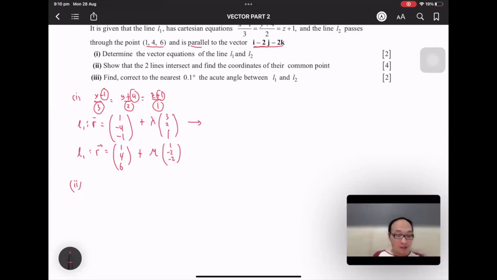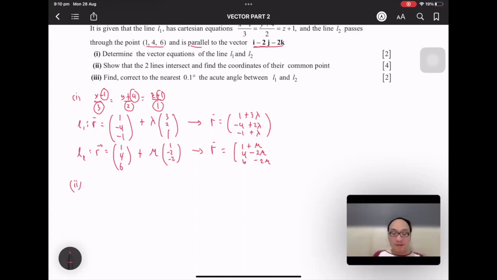From L1, the coordinates are 1 plus 3 lambda, minus 4 plus 2 lambda, and then negative 1 plus lambda. And from L2, this is 1 plus mu, 4 minus 2 mu, and 6 minus 2 mu.